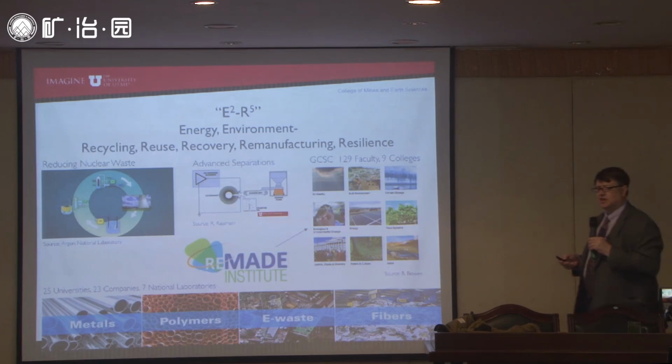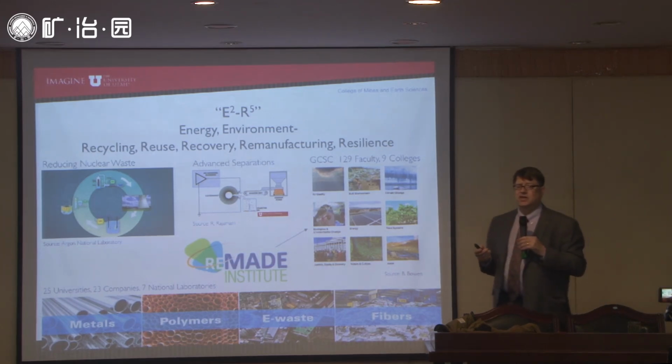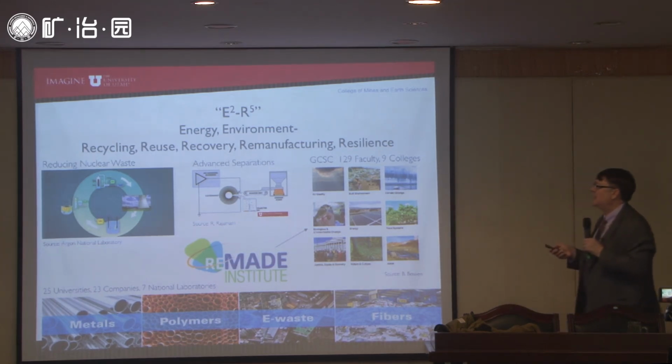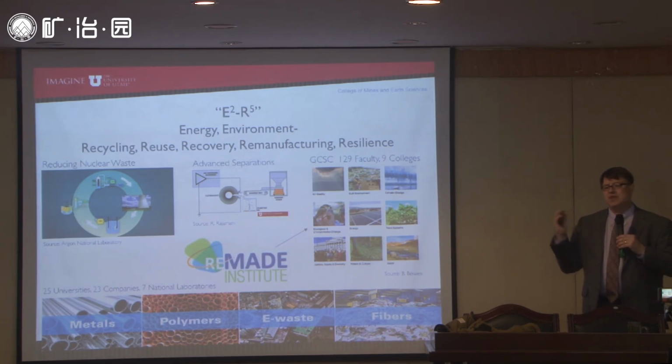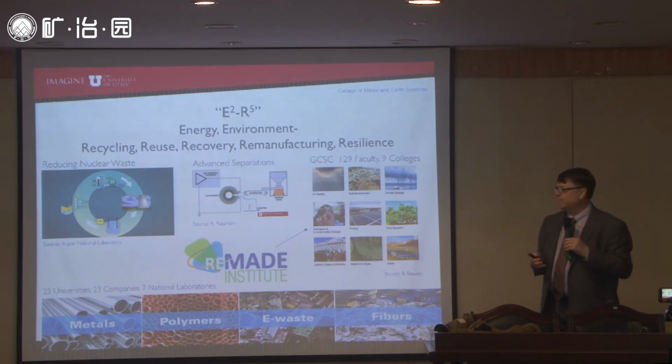Another area that is very important to our college is what I call E squared R5. In other words, energy, environment, recycling, reuse, recovery, remanufacturing, and resilience or sustainability. So trying to make the most out of the materials that we have and minimizing waste.